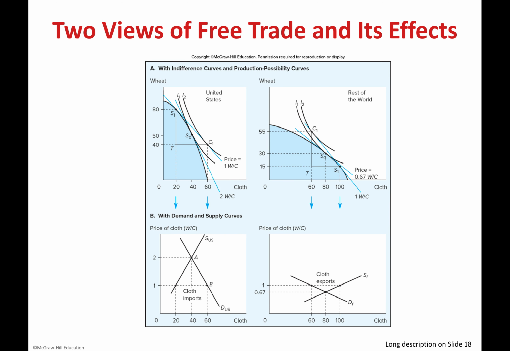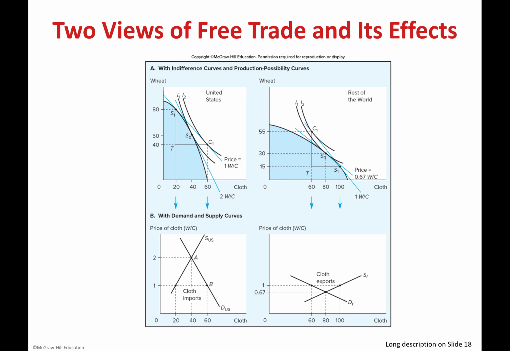You can see that in the diagram on the right, where the difference between 15, the amount that after trade the rest of the world will be producing of wheat, versus 55, the point which is tangential to their indifference curve and the new price line, is at C1.